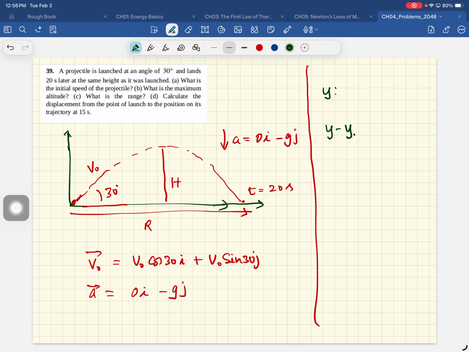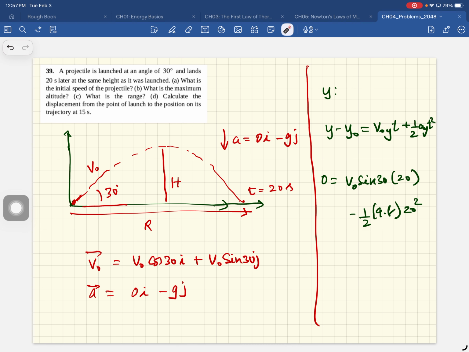y minus y naught equal to v naught y t plus 1/2 a y t squared. The final y position is 0, initial y position is 0. So this is 0 equal to v naught sine 30 times 20 seconds minus 1/2 times 9.8 times 20 squared.